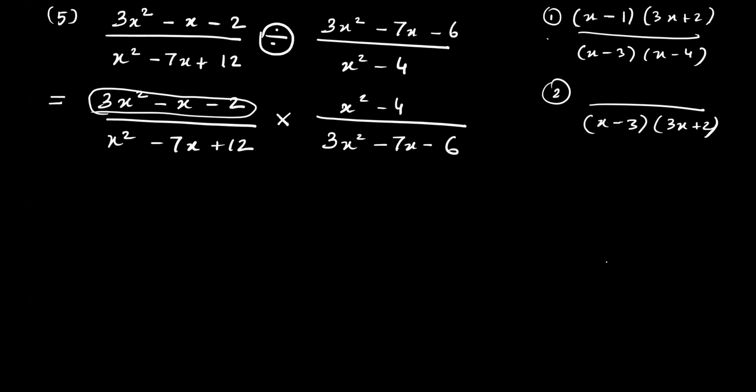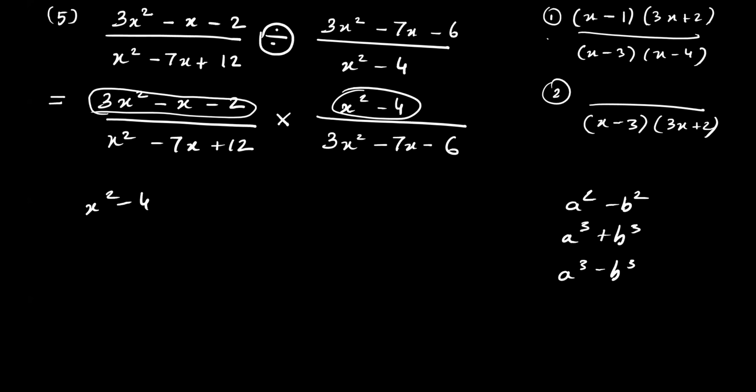Okay. Now talking about this, x square minus 4. Out of the three formulas, which does it look like? a square minus b square, or a cube plus b cube, और a cube minus b cube. तीनों में से कौन सा लग रहा है ये? a square plus b square, plus कहाँ पे?